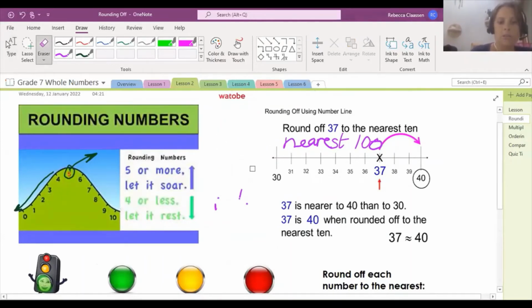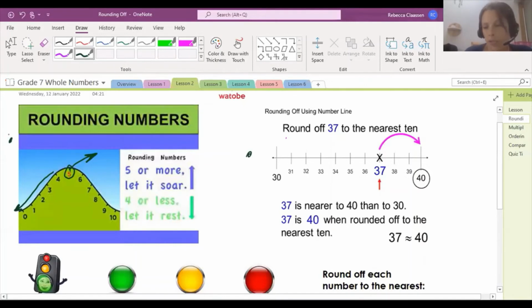Okay, and this will help you when it comes to just remembering what you have to do. So the two methods are, you can use the number line method, that's this one, and you think what's the closest number on the number line, or you can use the little rhyme if you prefer a rhyme. Okay, so if you need to, then take a screenshot of this so that you can remind yourself of what you need to do.